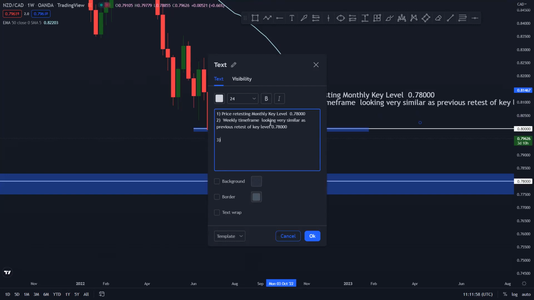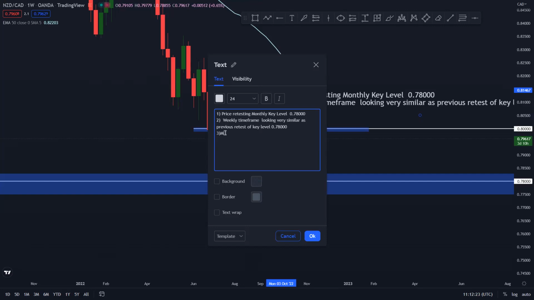We had the weekly time frame looking very similar to the previous retests of key level 0.78,000. What we're seeing is the very exact same candlesticks that formed previously, sometime around 2012 when price came into the level from the weekly time frame. We're seeing the very exact same weekly candlesticks printed currently at the very most recent retests of the level.